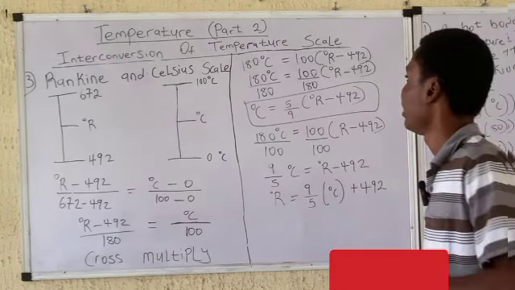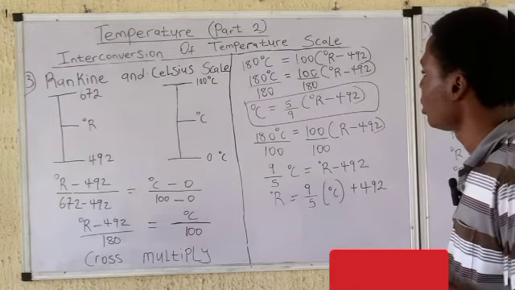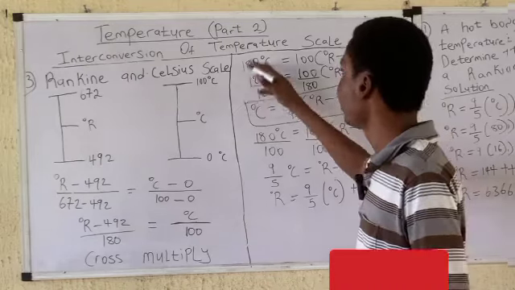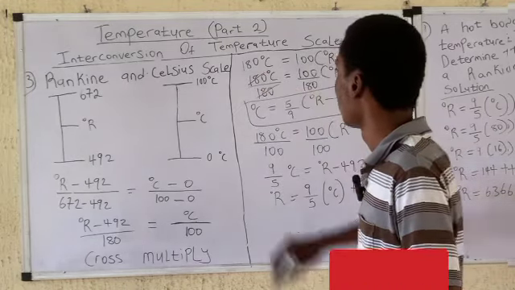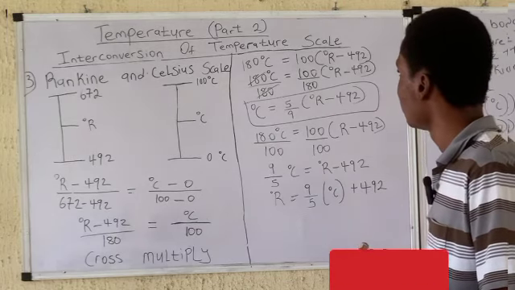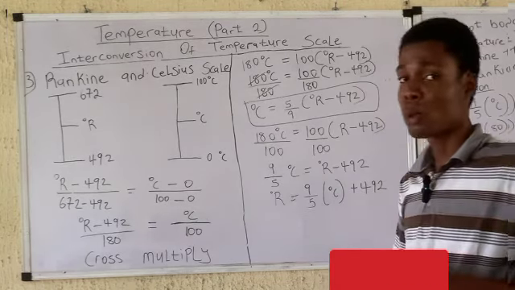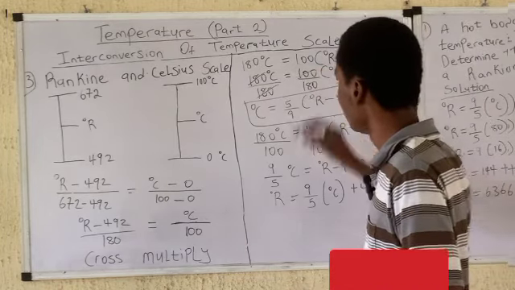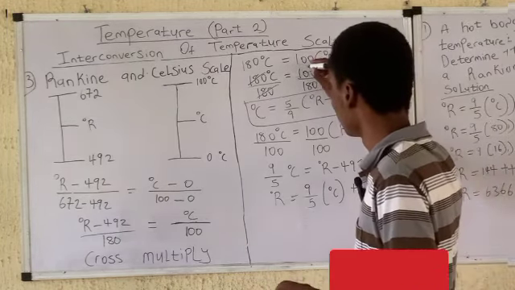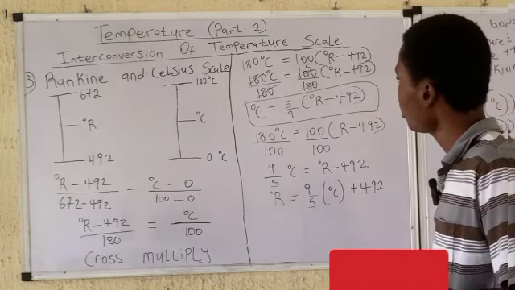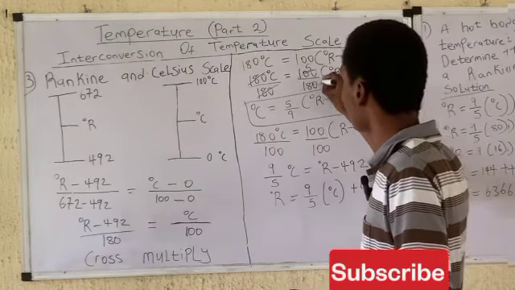So what do we do next? We divide both sides by 180, which you have here. So 180 and 180, 100 over 100 divide 180. So what can we use? We can use 20 to divide. So 20 in 100, we have 5. 20 in 180, we have 9.